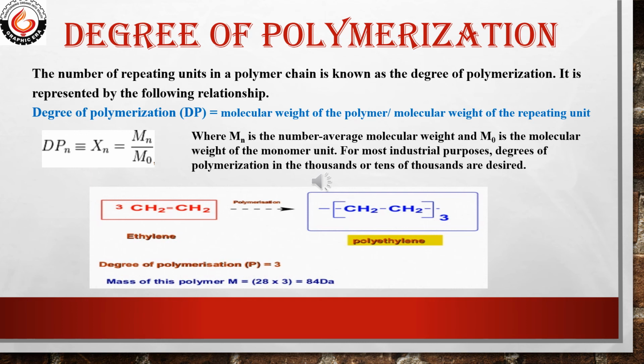Like the example given here, three ethylene units polymerize together and form (CH2)3 polyethylene polymer. Here 3 is the degree of polymerization for the polyethylene.